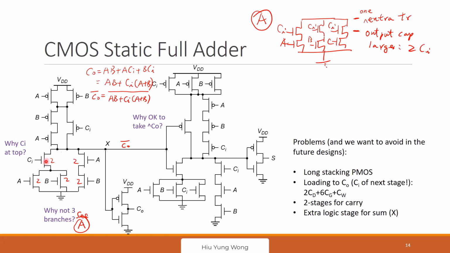Now, why do I put the CI on top? I could as well put the CI at the bottom. Again, 2 reasons. Any idea? You have answered this in the midterm. Is it because your CI is your slower input, so that's why you have it closer to the output? Excellent. Yeah, because we have been talking about this.